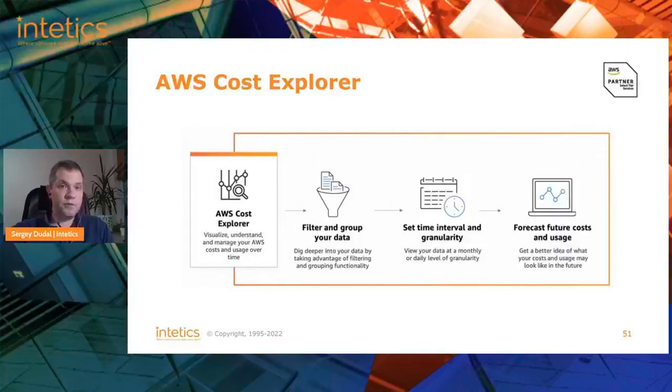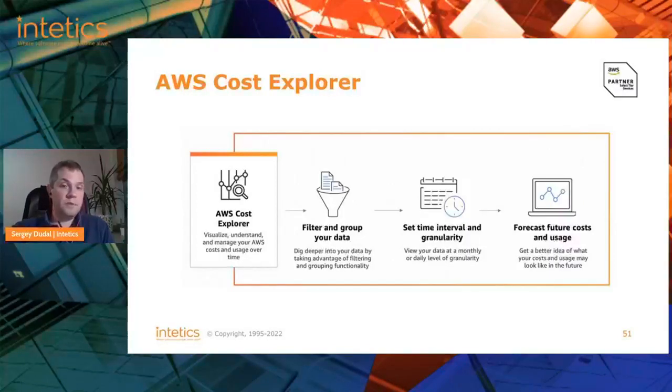It allows us to get high-level information. For example, we can get total cost for the current month for a particular AWS account. Or, for example, we can do a deep dive and filter our data, group them by some parameters, and use different granularity. For example, monthly, daily, or if we enable it, even hourly.